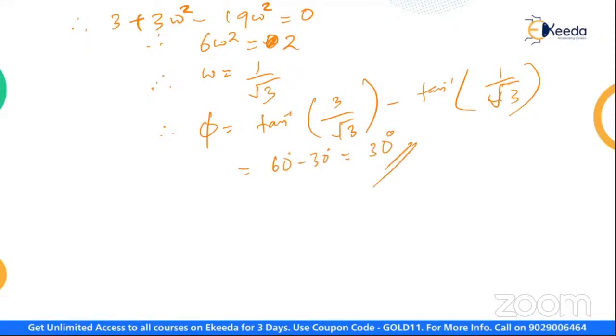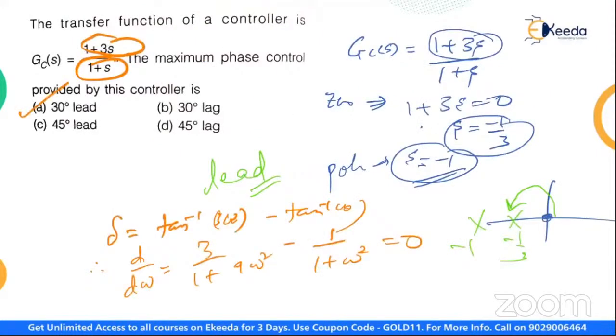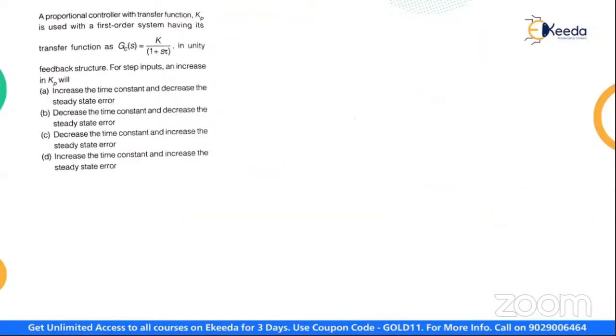So your answer is 30 degrees. Where is 30 degrees? Option A, 30 degrees lead. It is lead because you see the 0 first. If you see the pole first, it is lag. Anyways, this is the answer.